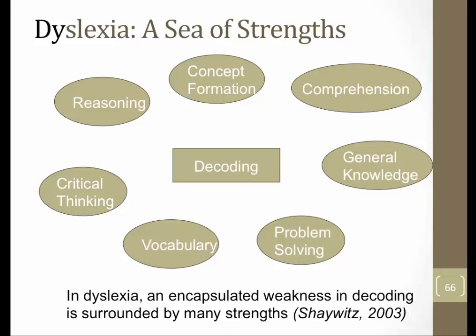This does not say that a child with dyslexia is good in all these areas, but what it does say is that they have strengths, and they may have one of these strengths in concept formation or reasoning or critical thinking, or they could have 3 or 4, in some cases all. But the point is they have strengths, and sometimes it's hard to find what those strengths are, but we must do that, and we must work with a strength-based model to work on building the deficit areas and the weaknesses.